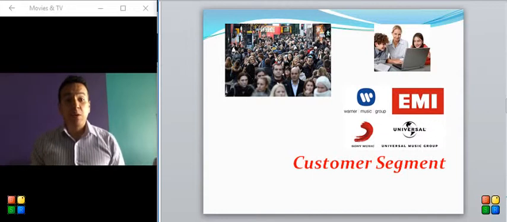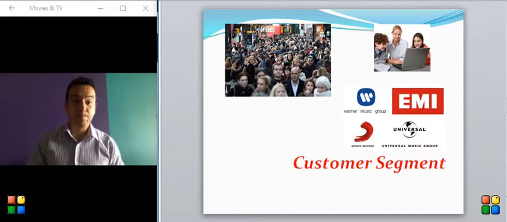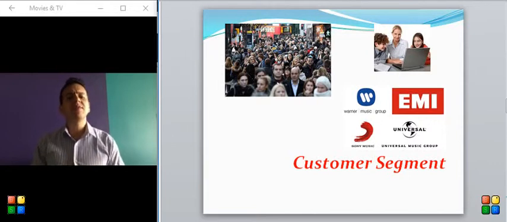So any person who wants to get music online is the customer segment. There is a small customer segment as well, which could be the music distribution companies, bands, singers, and authors who want to get their music listed on iTunes.